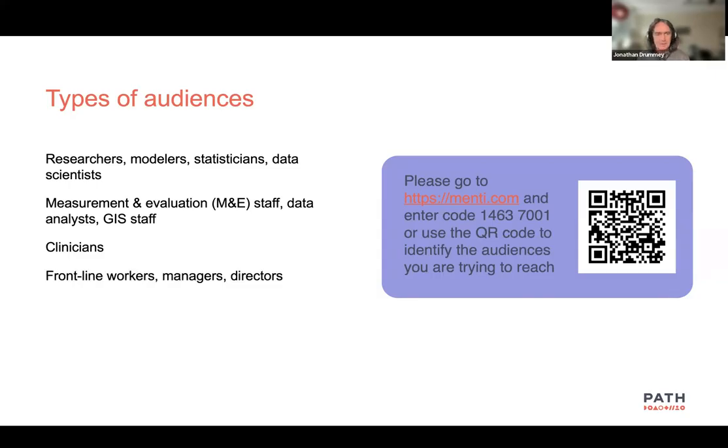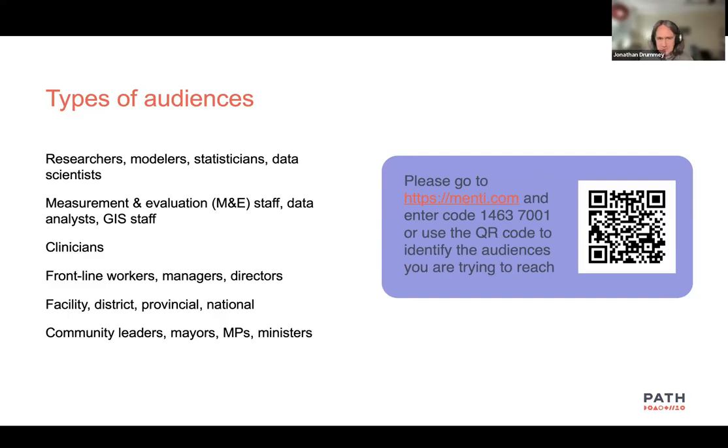Clinicians that we're working with, and people can be combinations of the above. Frontline workers, managers and directors of healthcare, and then at different levels. So whether that's facility, district, provincial, national, then there's the people in our community that we may be interacting with.